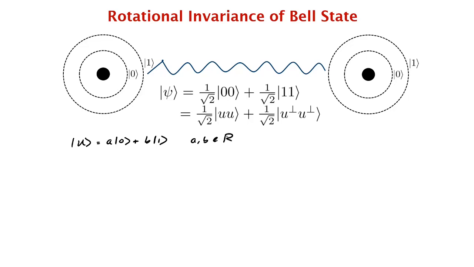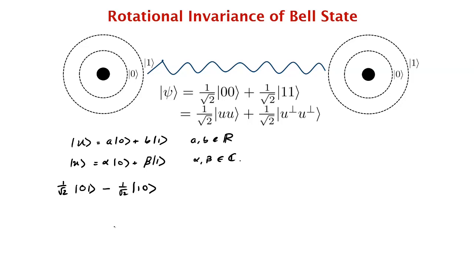Now, what if you wanted rotational invariance with respect to arbitrary bases? So say U was alpha|0⟩ plus beta|1⟩, for alpha, beta being complex numbers. So now it turns out that you can look at this closely related state, which we saw actually in the last video. It was the state 1 over square root 2 |01⟩ minus 1 over square root 2 |10⟩.